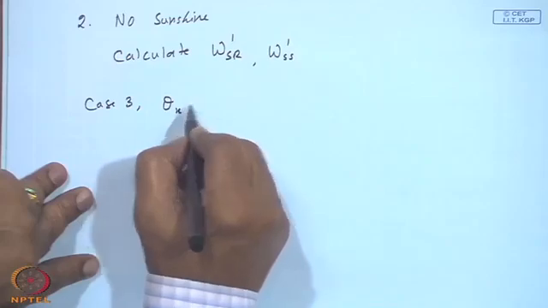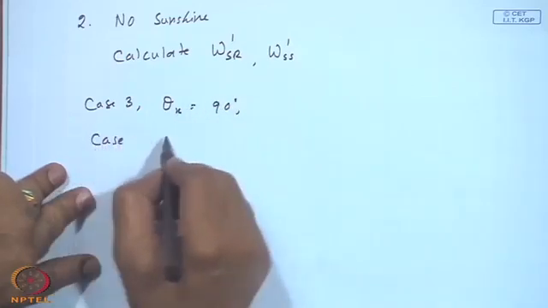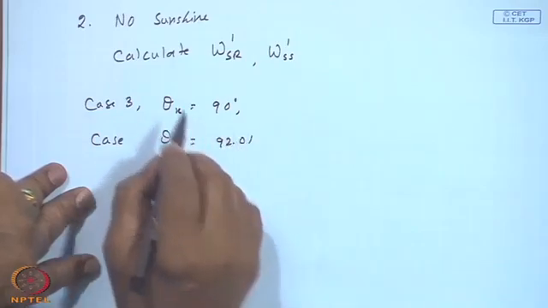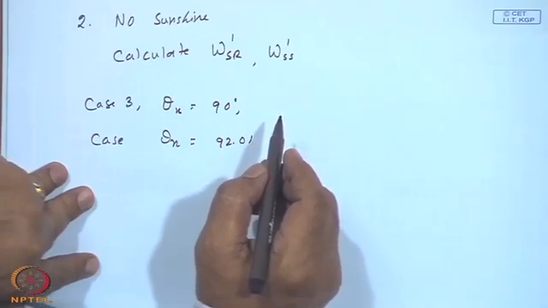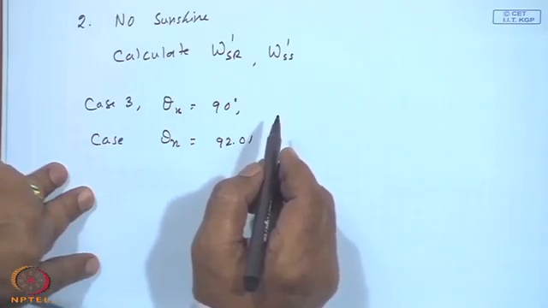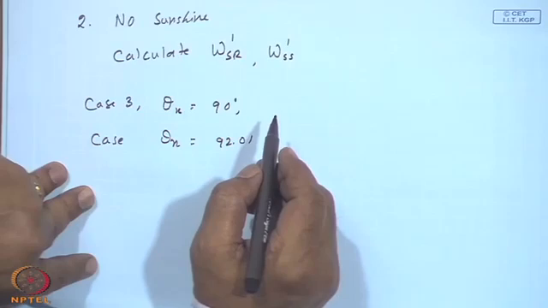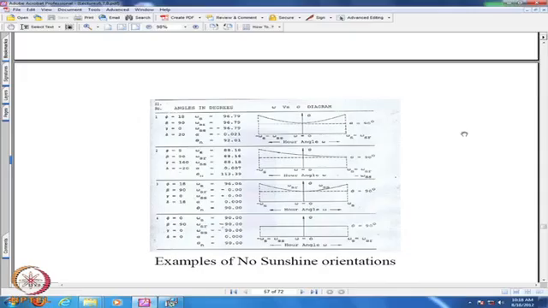Theta at noon is exactly 90 degrees, whereas in case 1 theta at noon is 92.01. Graph by hand I could not show that, it is slightly more than 90, does not matter, still it does not receive any radiation. As you can see, phi is equal to delta, less than 23 degrees in case number 3. So, at noon time for a vertical surface, the sun's rays will be parallel, meaning thereby theta at noon will be pi by 2, and at other places it is more than pi by 2.